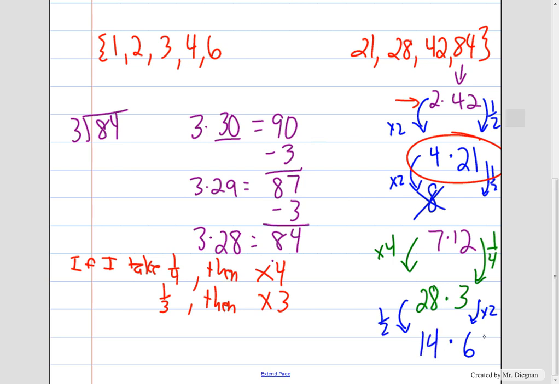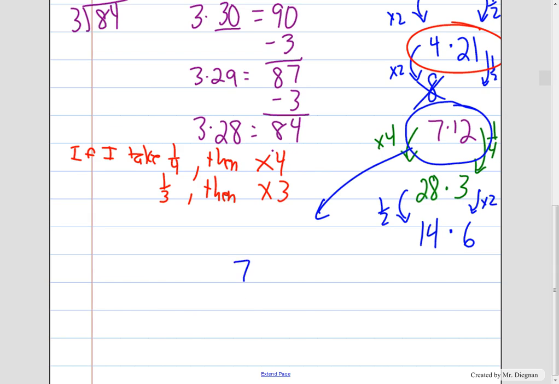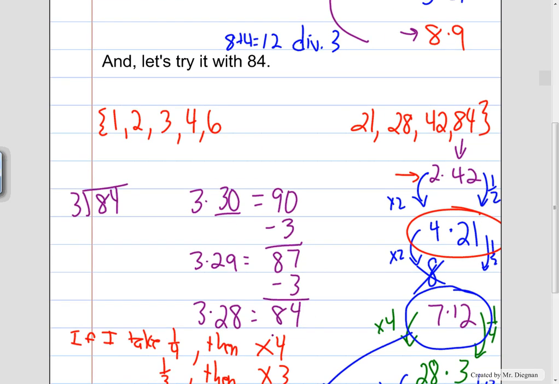So 14 times 6. I could have also done the same thing here with 7 times 12, couldn't I? Because 7 times 12, what could I do? I could take half of the 12, which is 6, and I could have doubled the 7, which is 14. So now I know it is 6 and 14.